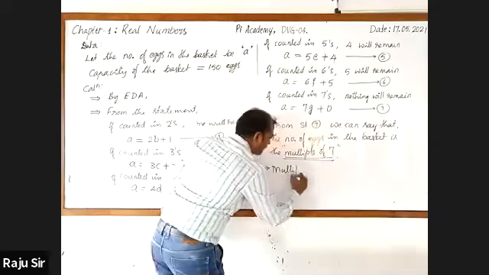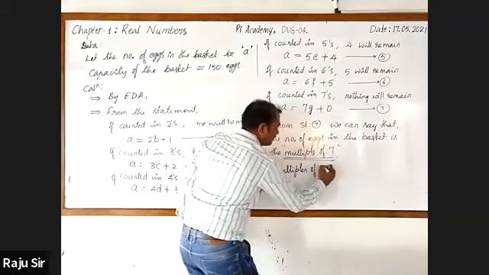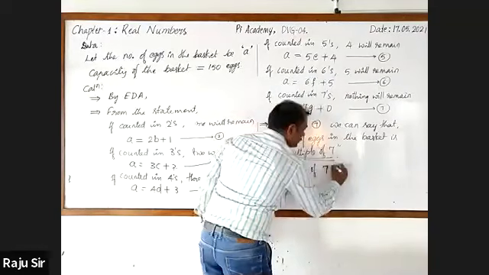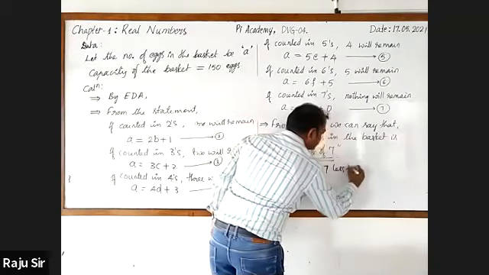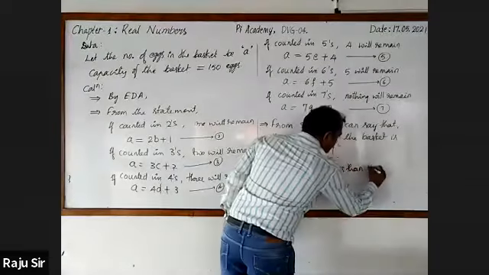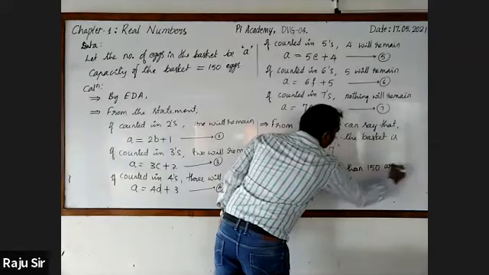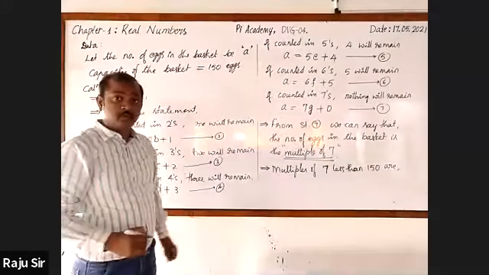Multiples of 7 less than 150 are, what are these?